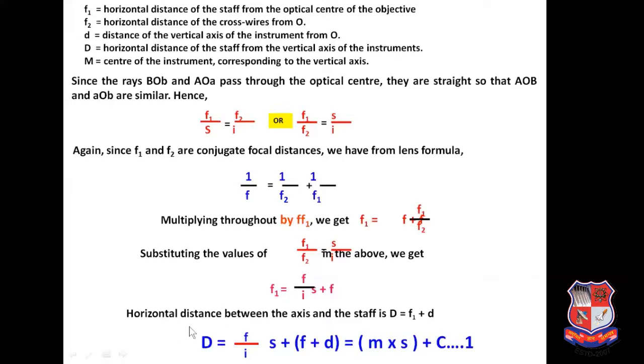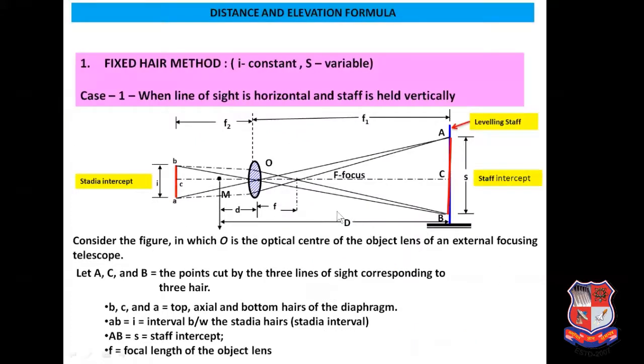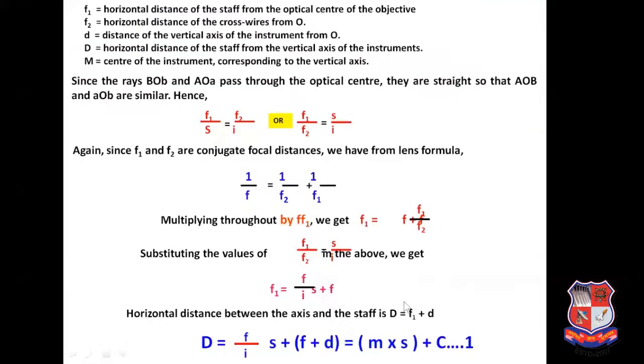The horizontal distance between the axis and the staff is D, and D is given by f plus d. In this figure you can see this is my capital D. So capital D is equal to this small f1 plus small d.